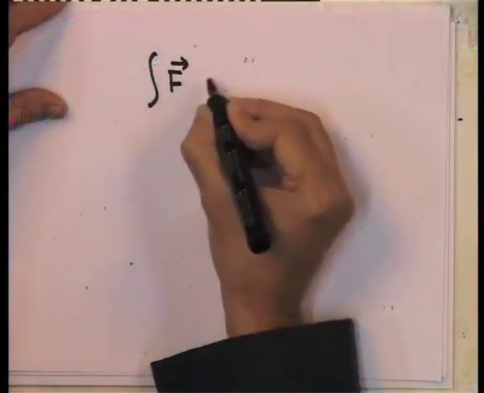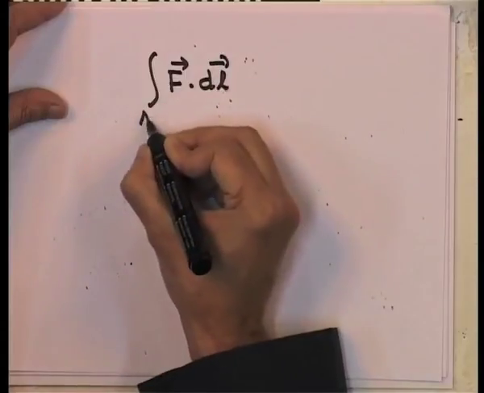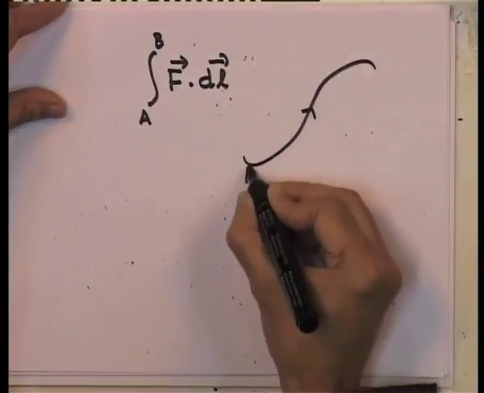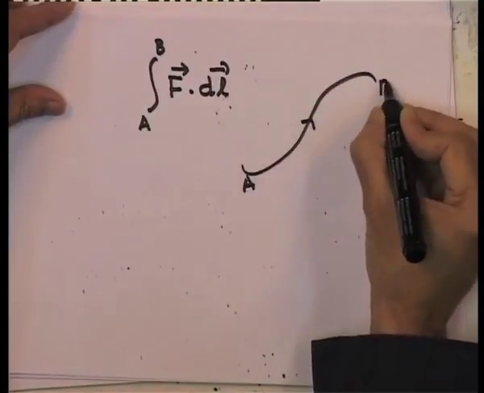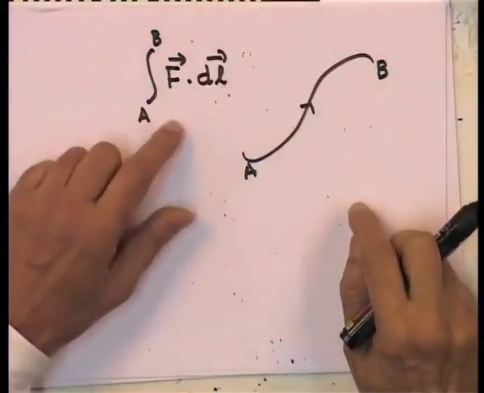However, if f dot dl only depends upon the endpoints, supposing I am going along some path from A to B, and it does not depend upon exactly which path I take.